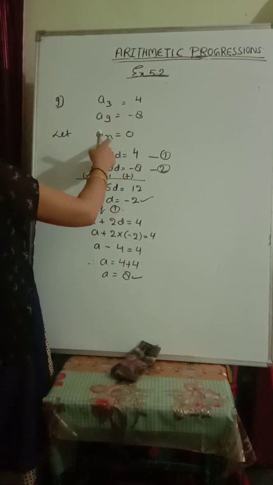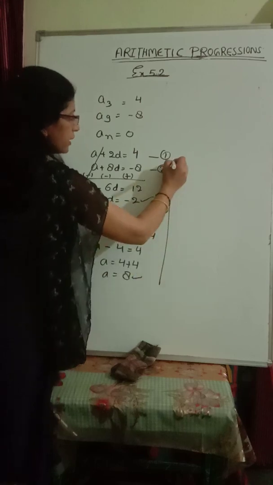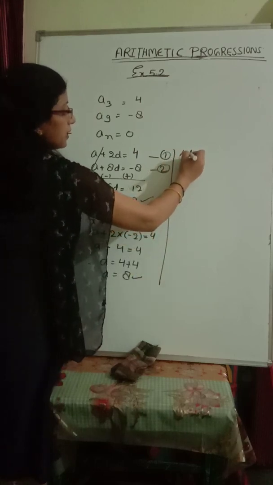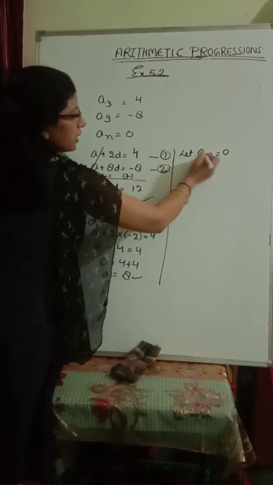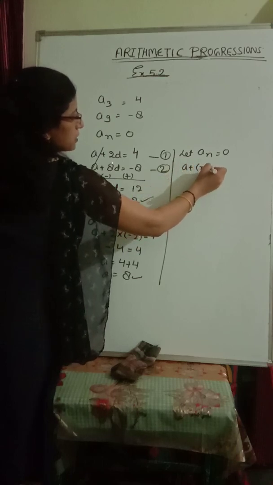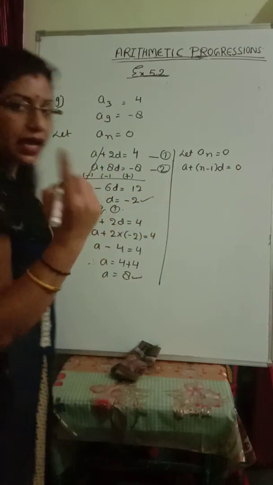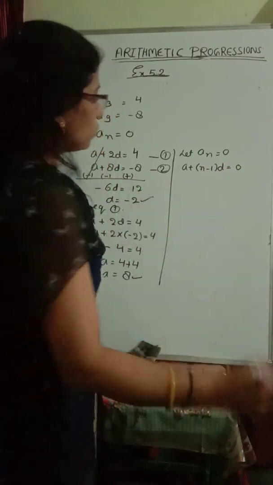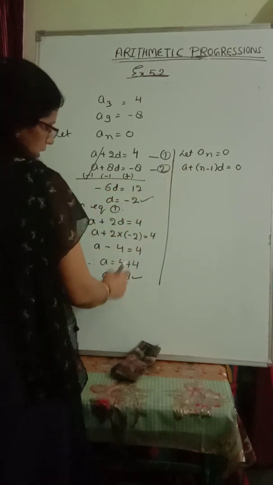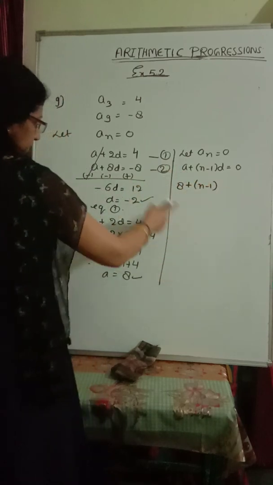Now what do we want? Which term is 0? So we said let the nth term be 0. Now what will be the value of the nth term? a plus n minus 1 into d is equal to 0. So we have to find the value of n, which term is 0. So put the value of a, 8 plus n minus 1, what is d?